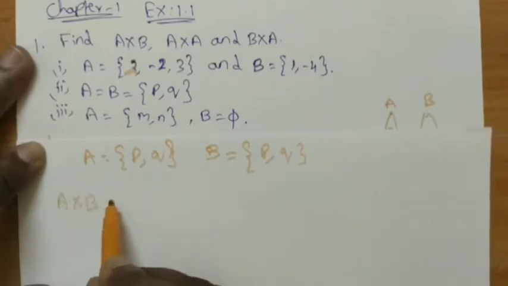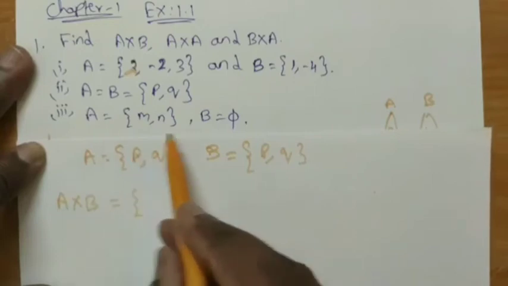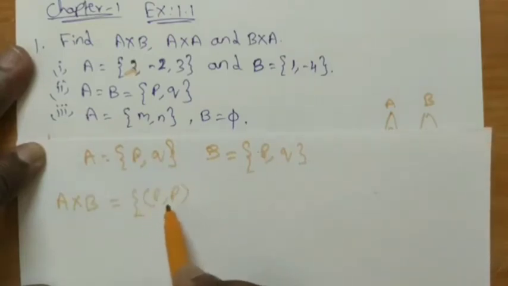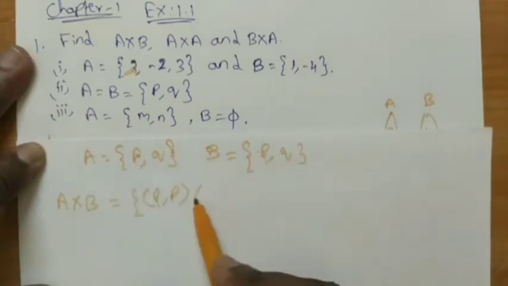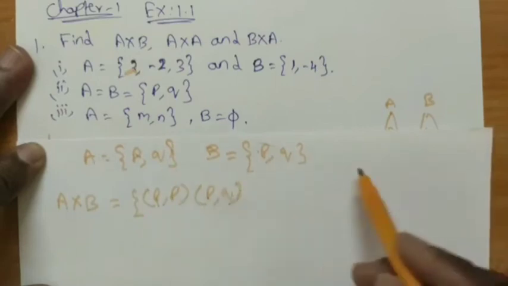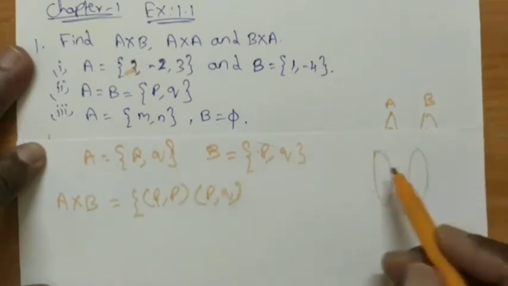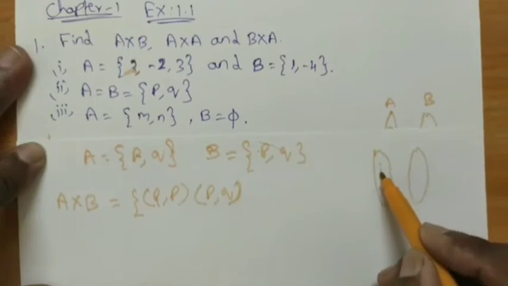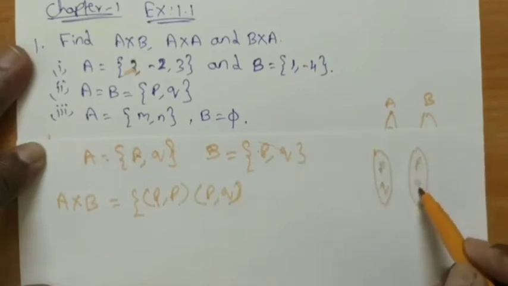So A into B I am going to find first. P is mapped with P and P is mapped with Q. If you understand, write like this, or otherwise just write the terms, it is very easy: P, Q and P, Q. This is A, this is B.